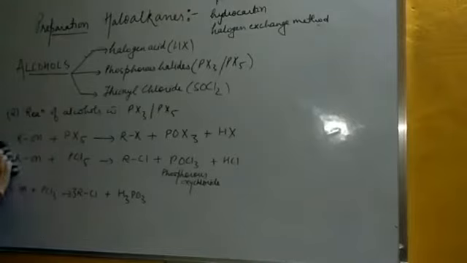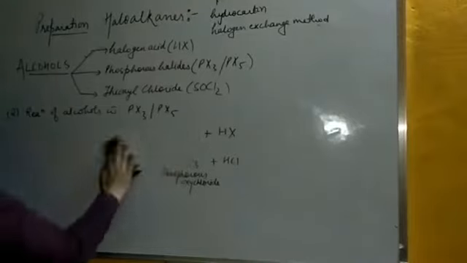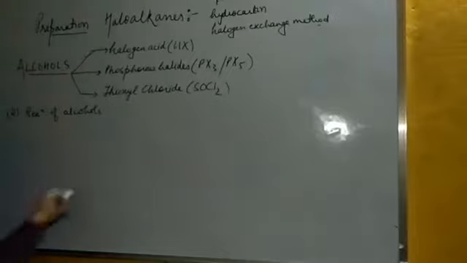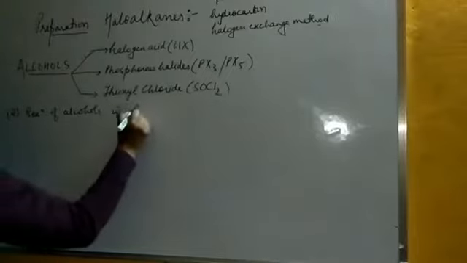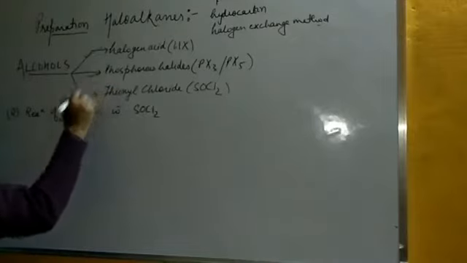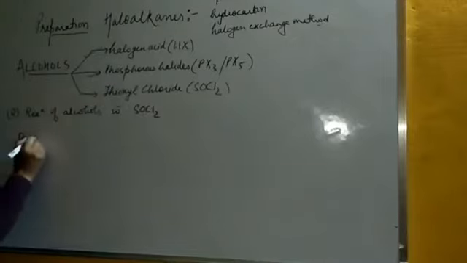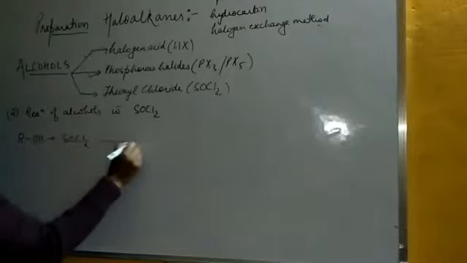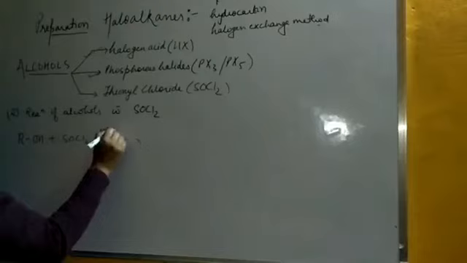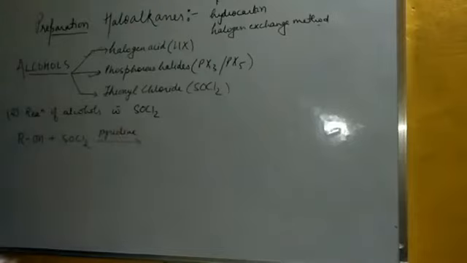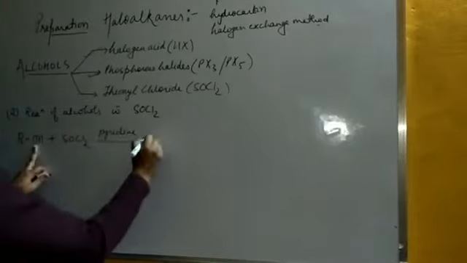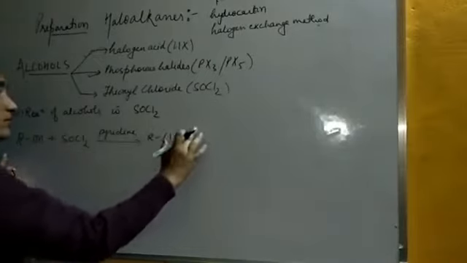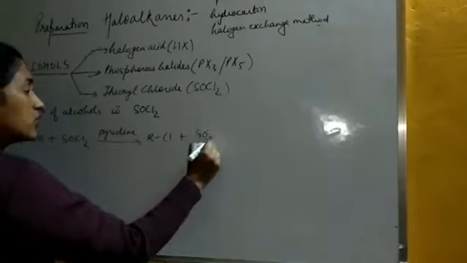Now next is the reaction of alcohol with thionyl chloride, SOCl2. Here it is ROH plus SOCl2. Students, here we need a medium, that is pyridine. We will use it, and there will be formation of RCl plus SO2 gas.